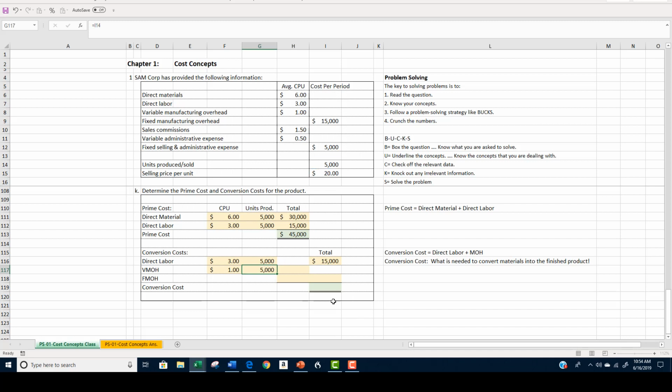Variable manufacturing overhead is $1 times 5,000 units produced, or $5,000, while fixed manufacturing overhead is $15,000 for the entire period. The total manufacturing overhead then is $5,000 plus $15,000, or $20,000. The sum of direct labor of $15,000 and the $20,000 of manufacturing overhead gives us $35,000. So our conversion cost is $35,000.